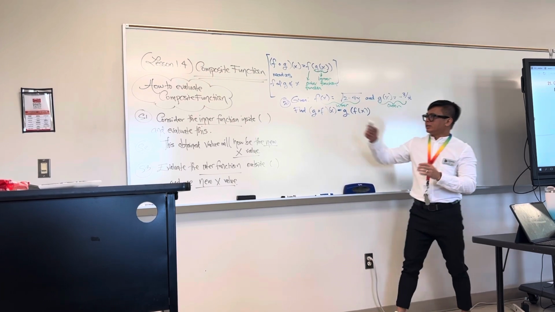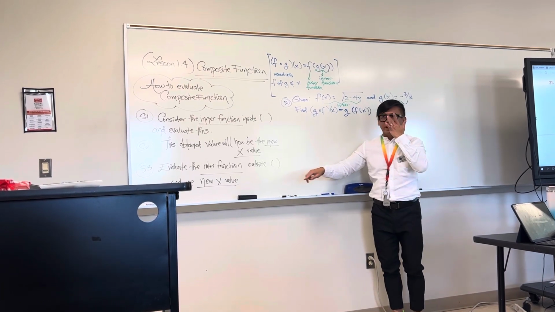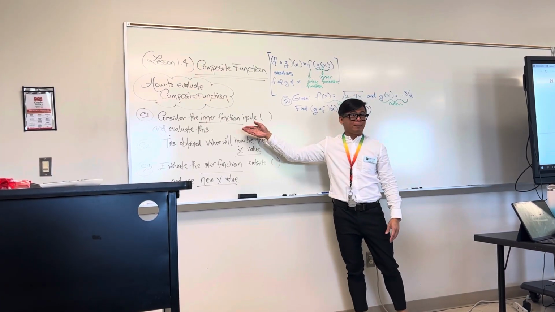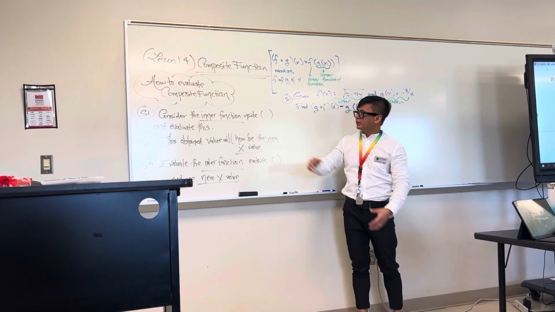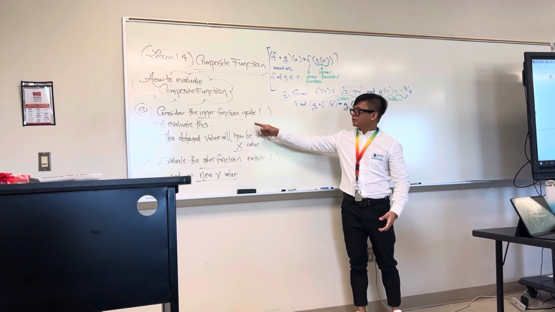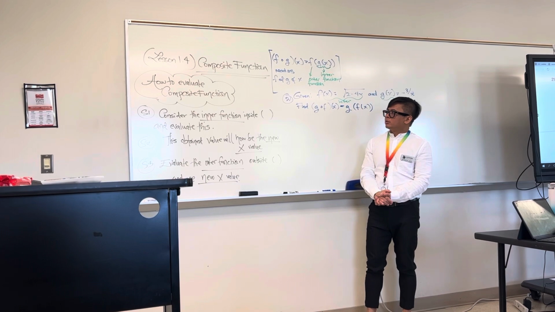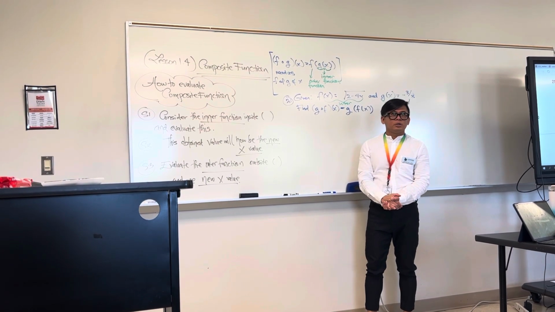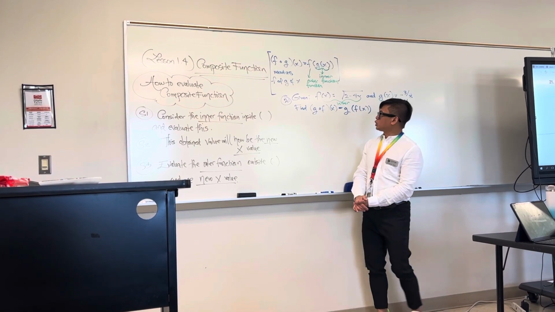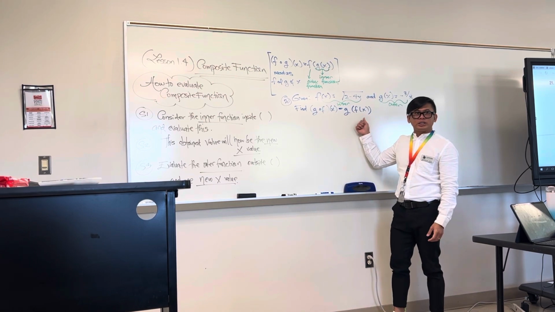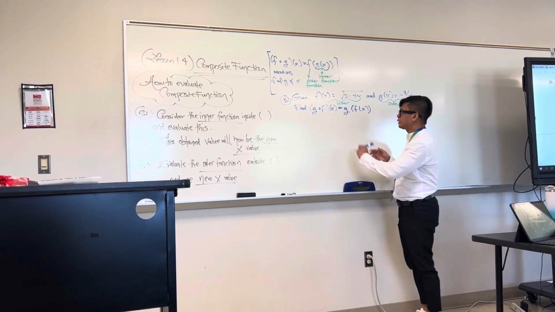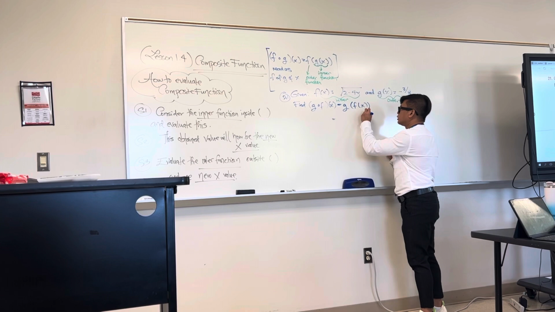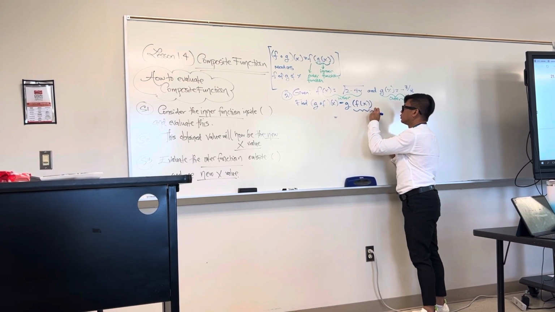Now let's read how to make or evaluate a composite function. Let's read step number 1. Absalom, go ahead. Consider the inner function inside the parentheses and evaluate this. Thank you. So whatever the inner function is, consider writing it up first. This is going to be the inner function. Write it up in there.